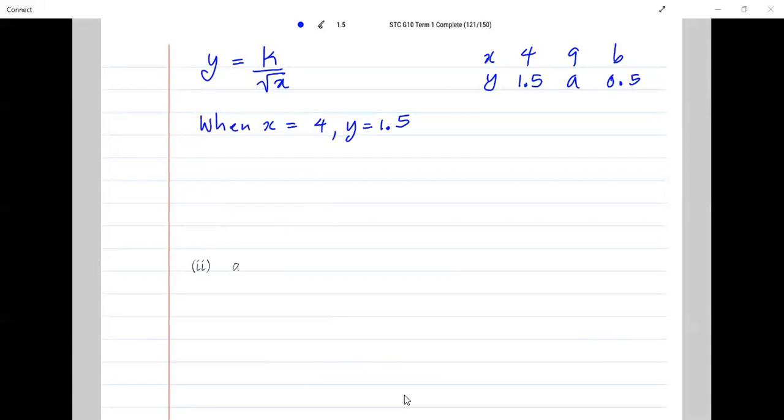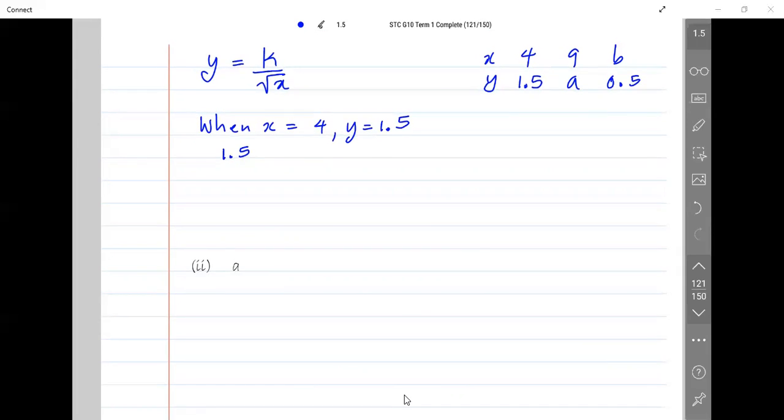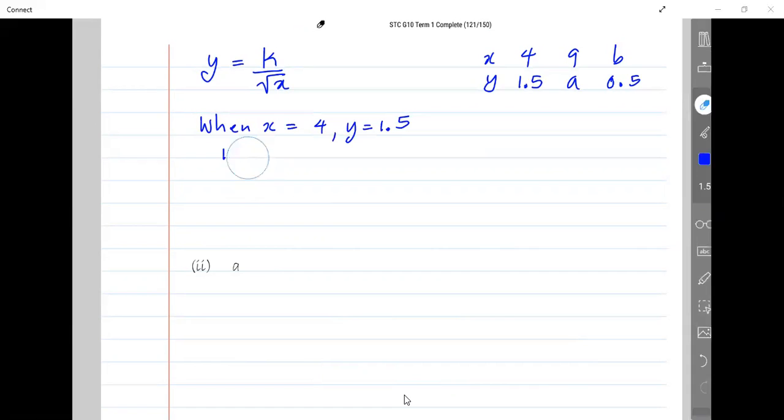K. So we have y, which is 1.5. Or if I want, I could put y as being equal to 3 over 2.